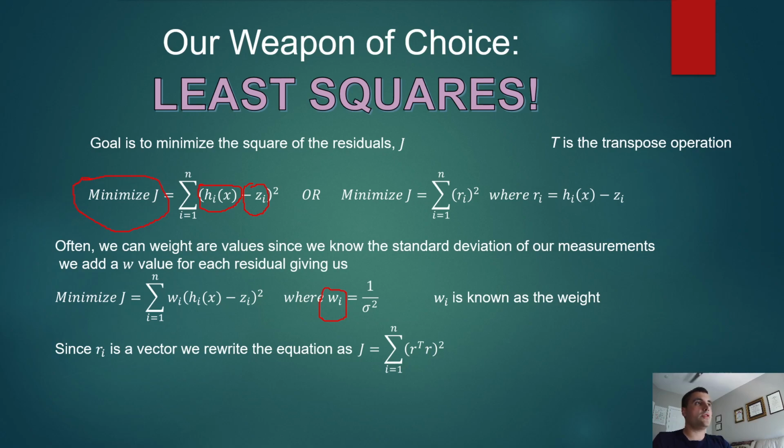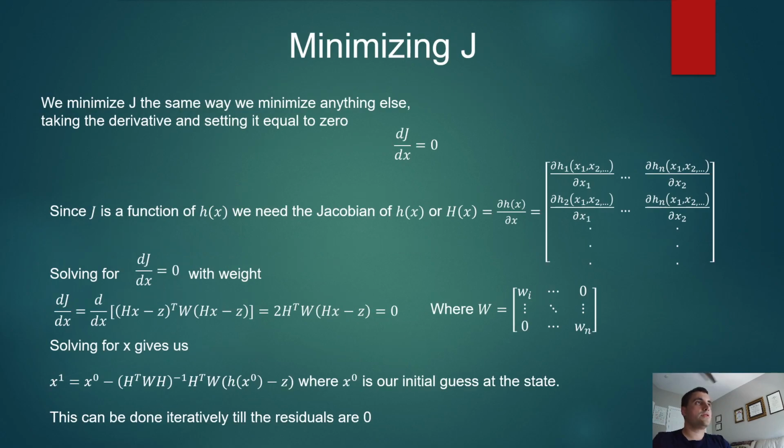It's given by 1 over sigma squared, sigma being the standard deviation of the measurement. We minimize J the way we minimize anything else, by setting the derivative with respect to the state variables equal to 0. Because we're taking a derivative, we'll also need the derivative of h, or the Jacobian, since it's a matrix, which we get by taking the partial derivatives with respect to each of our x variables.